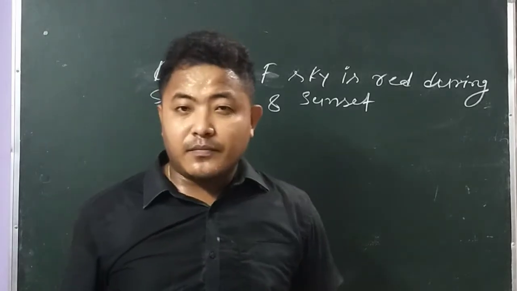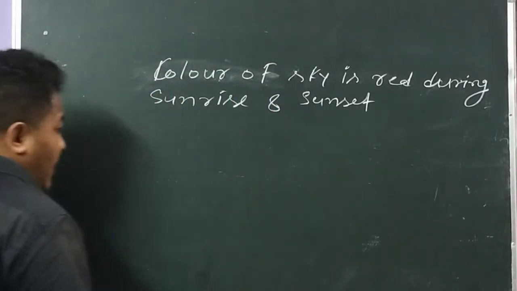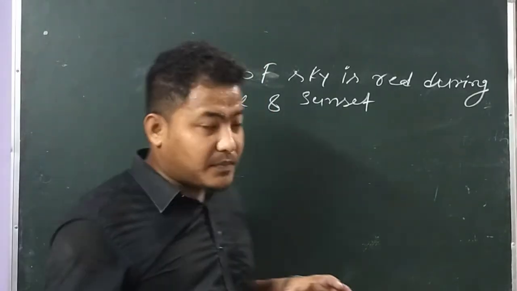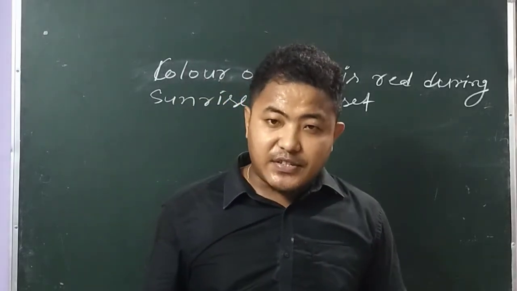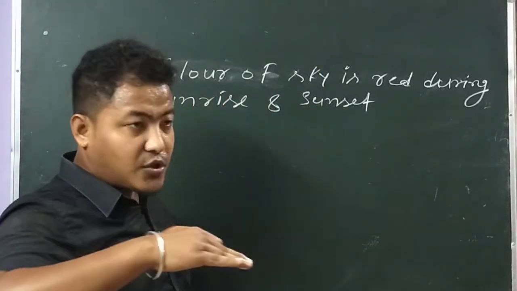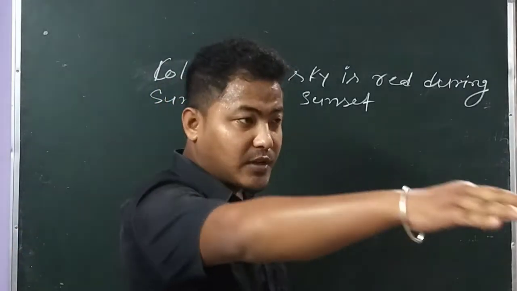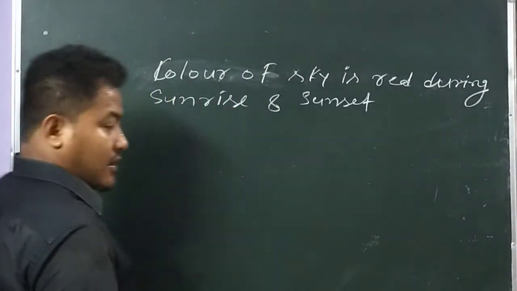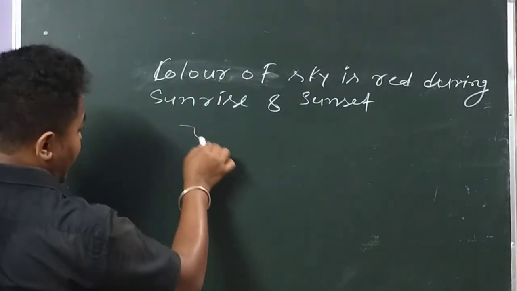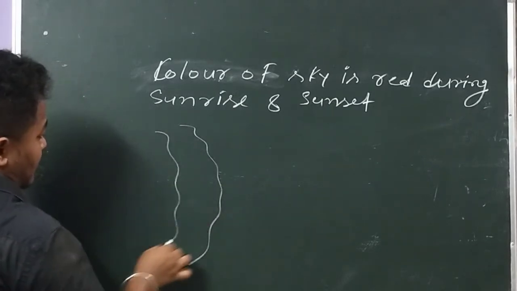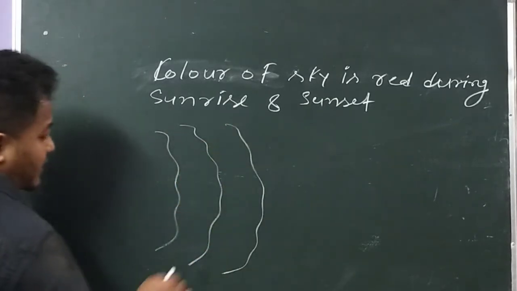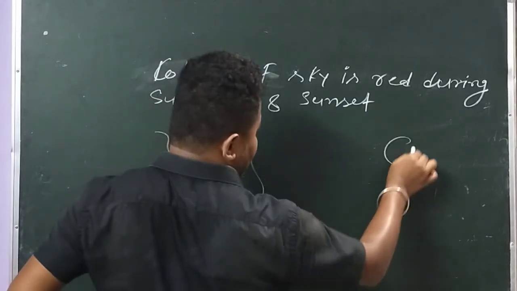Why this? As you know, during the time of sunrise and sunset, the position of the sun is near the horizon. Am I clear? So if I consider this is the Earth atmosphere, and this is the sun somewhere.